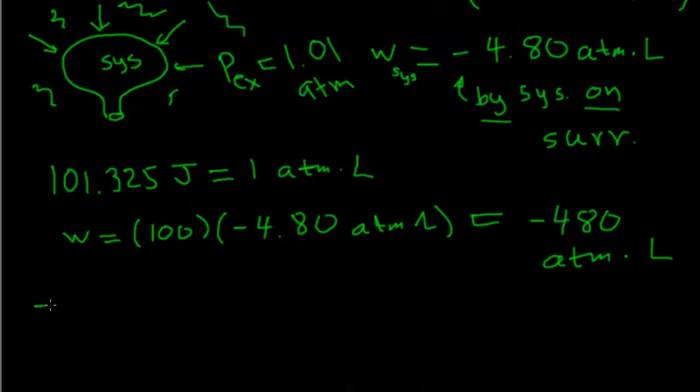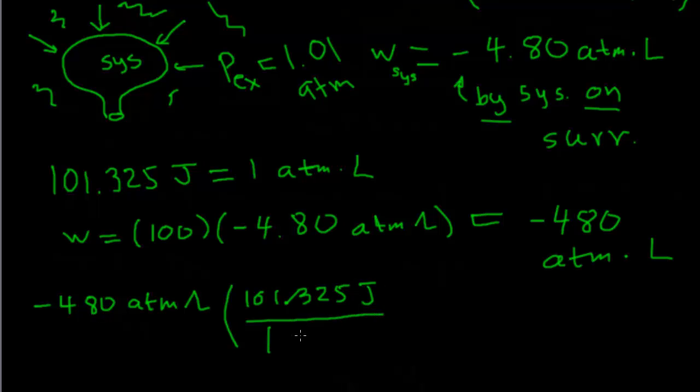Now we're going to convert that, negative 480 atmosphere liters, using this conversion factor: 101.325 joules per every 1 atmosphere liter. I put the atmosphere liters in the denominator, so we'll divide out the atmosphere liters up here, and then I'll get my answer in joules.